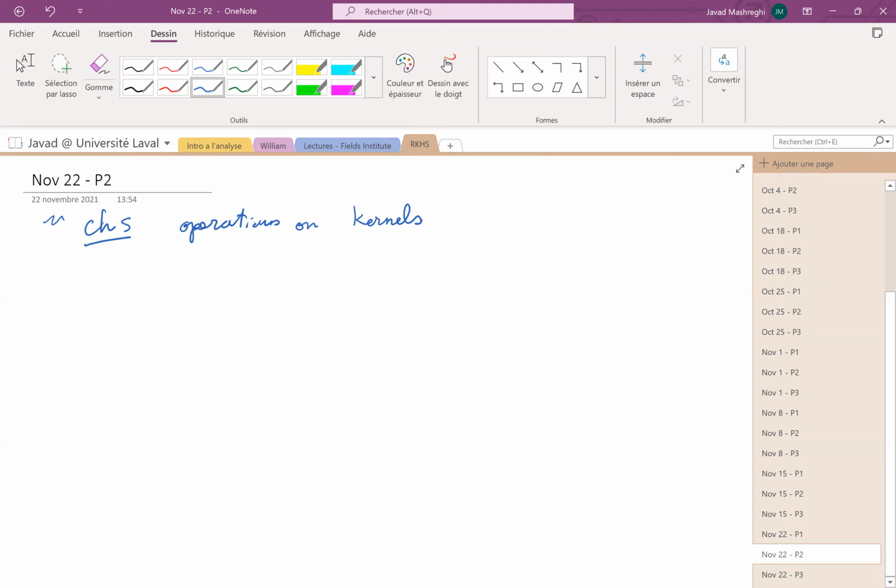We have seen marginally some occasions of this, in particular when we add two kernels together. Now we want to do it more systematically and see when we can multiply or take the difference of two kernels and what is the space we obtain. That's the purpose of this.